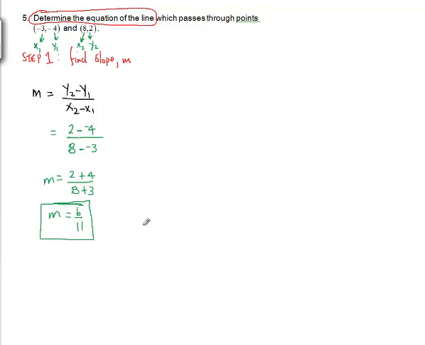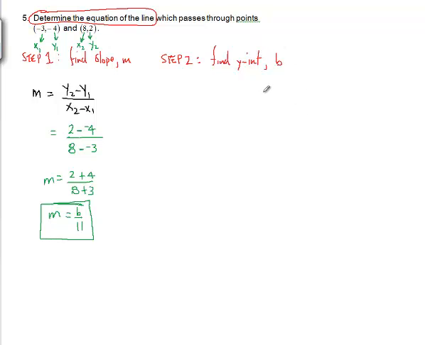Now that's step 1, to find the slope. So we've done that. The next thing is step 2, and this is the 3-step process we teach in the book. So step 2 is to find the y-intercept, which of course is the letter b.